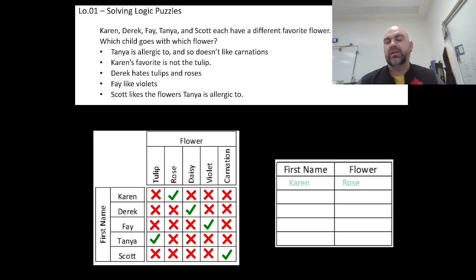We can then transfer these answers into our table: Karen likes the rose, Derek likes daisy, Faye likes violets, Tanya likes tulips, and Scott likes carnations as their favorite type of flower. Again, we solve by eliminating certain possibilities to come up with a final answer as to which variable is connected to the other one.